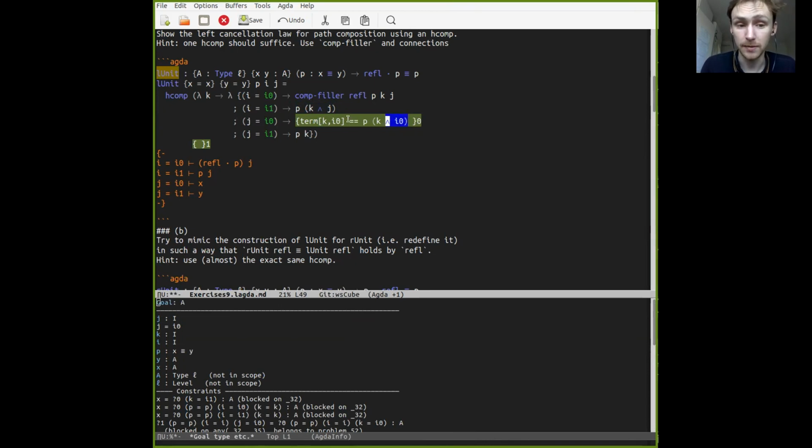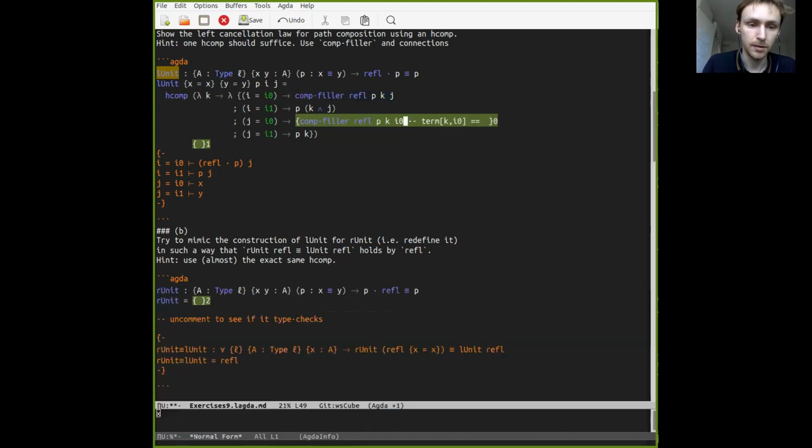But this term is actually, since you take the minimum of I0 and K, literally just x. So that's okay. And let's check what happens when we restrict this term to I0. Oh, that's also x. So actually, x works.